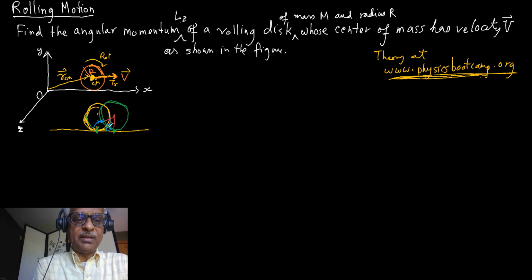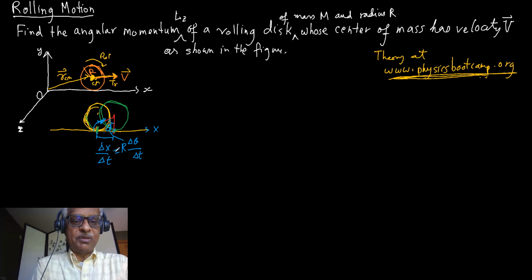So this is the amount of angle it would have gone, and this distance will be equal to the arc distance it covered. So along the x, delta x and delta theta will be related. Delta x over delta t will be related to r times delta theta over delta t. So in terms of magnitude, omega r equals big V, the velocity of the CM. That's the relationship here.